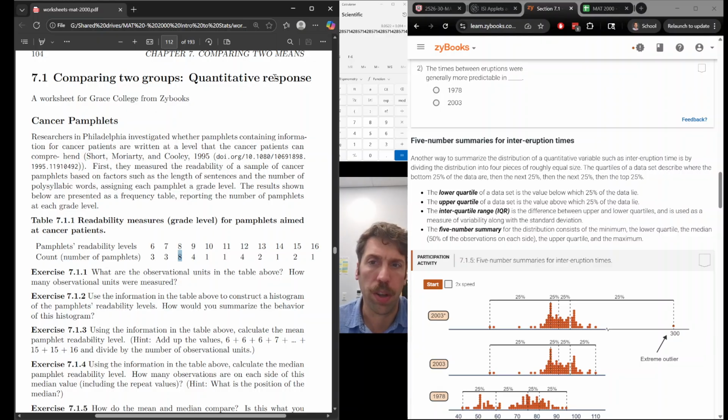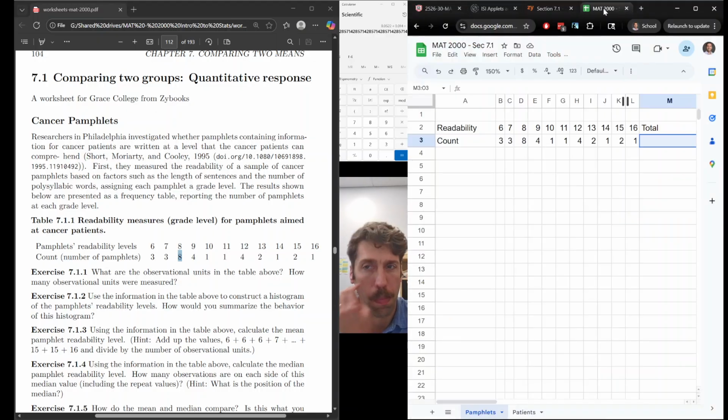I put these numbers into a spreadsheet, which makes it a lot easier to count things up. But I'm going to change my numbers so they do not fit your numbers. So I'm going to make maybe a couple more 10th grade and maybe one less 13th grade and another 14th grade.